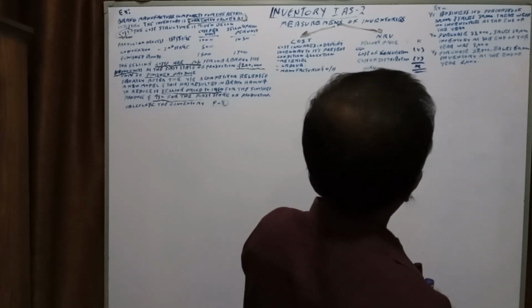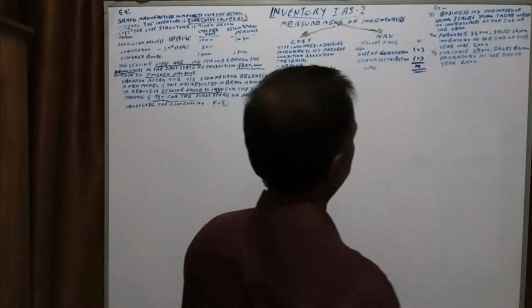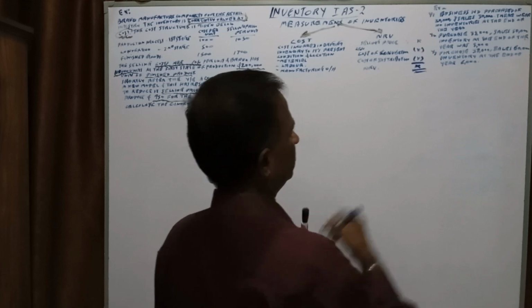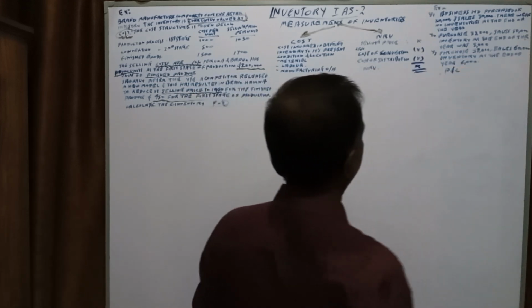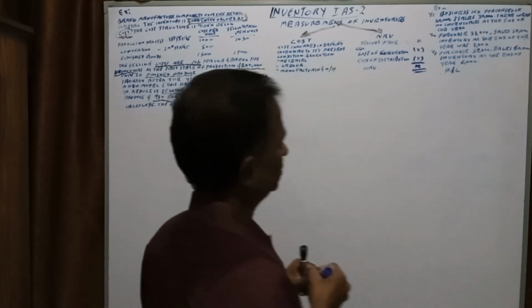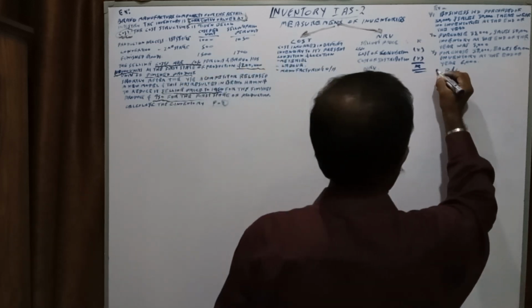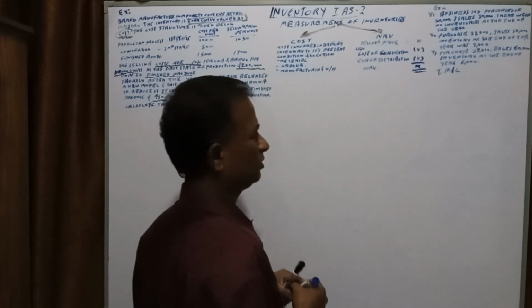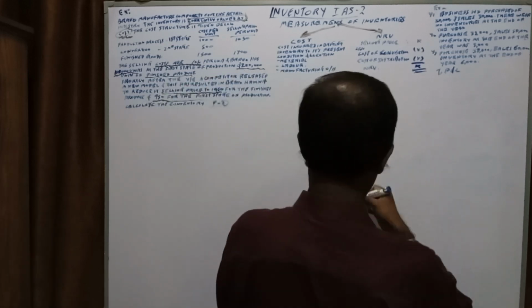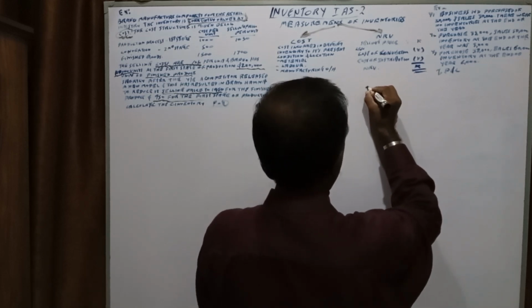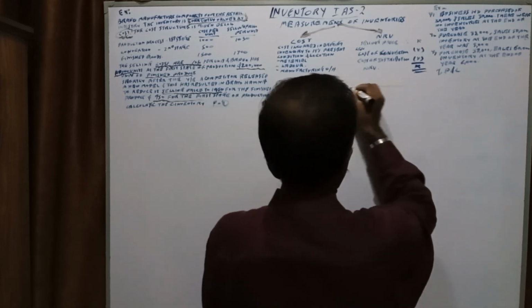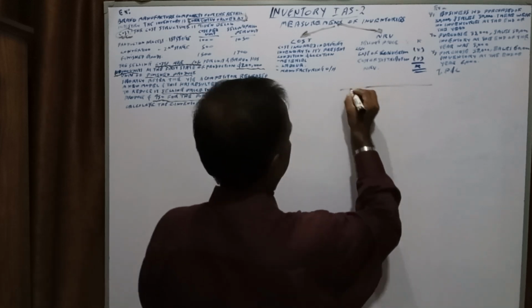The requirement is to prepare the profit and loss account. So prepare the P and L, the trading and profit and loss account. That has to be prepared. We will open a trading and profit and loss account.